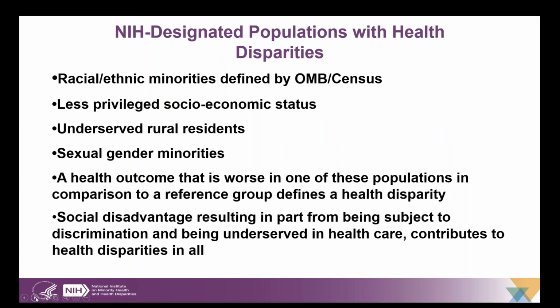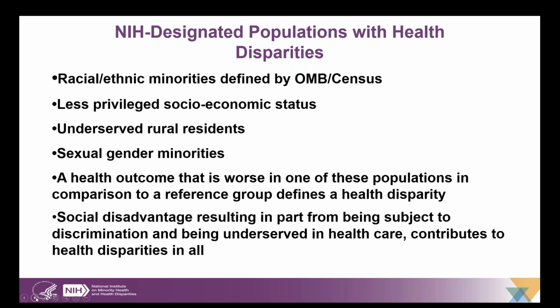So I'll just, for the audience's sake, start with some definitions. These are NIH designated populations with health disparities: all racial and ethnic minority groups as defined by the census, poor people of any color, underserved rural residents, and as of 2016, sexual and gender minorities, primarily for NIH research purposes.